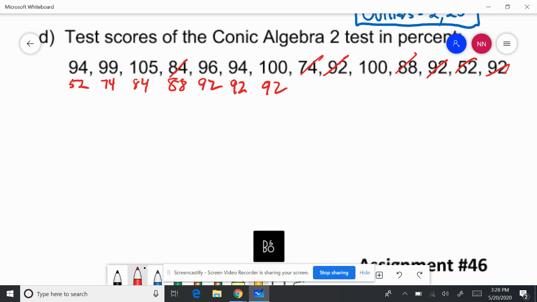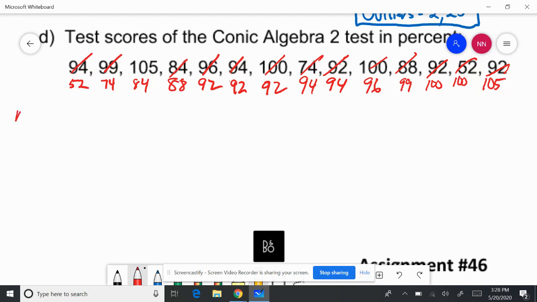Lots of 92s. We have a 94. We have another 94. We have a 96. We have a 99. We have 100. We have 100 again. And we have 105.